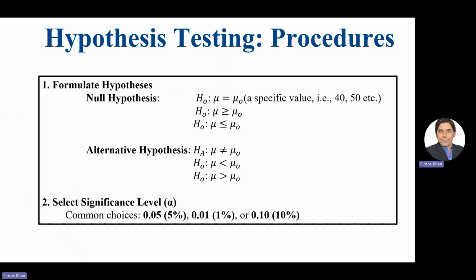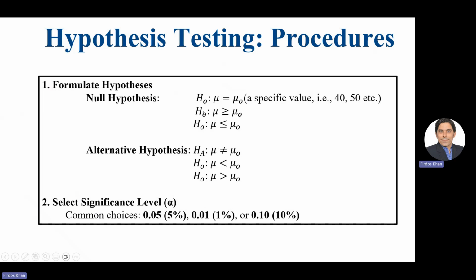We should not have a common region, so the alternative should be opposite to the null hypothesis. Look at this: H naught, mu equal to mu naught. The alternative hypothesis should be HA, that is, mu is not equal to mu naught. We call that a two-tailed test, the first one.